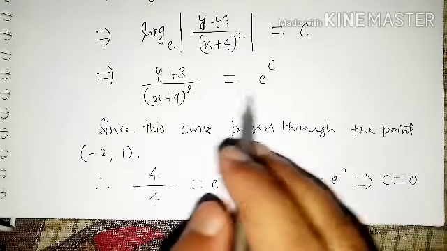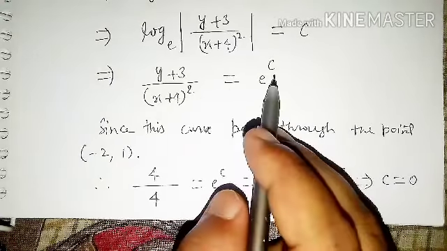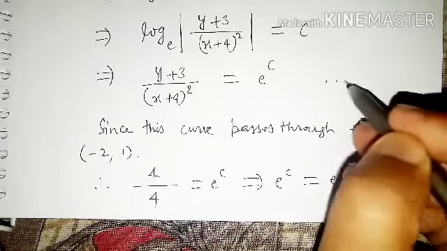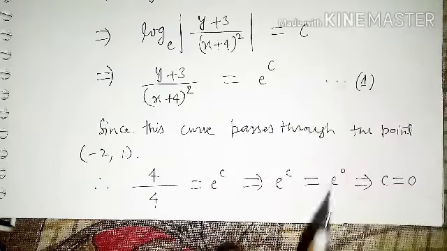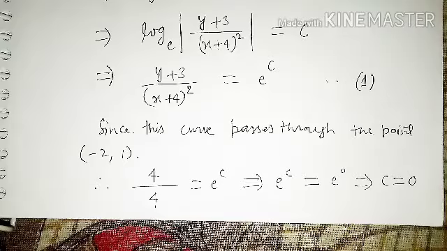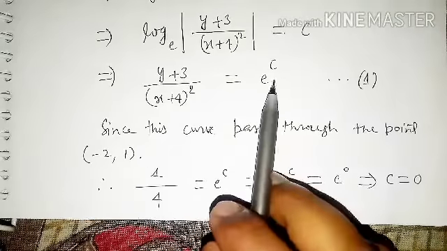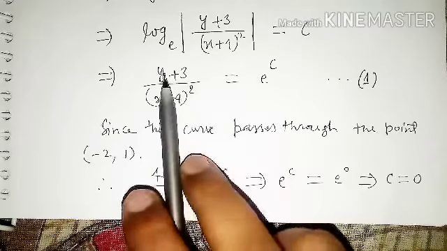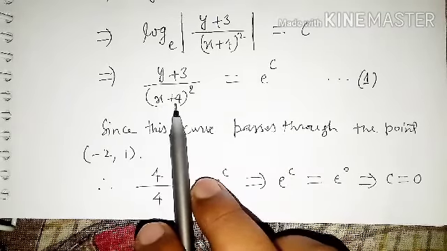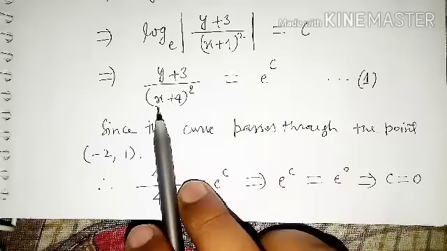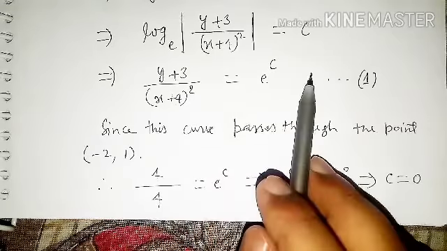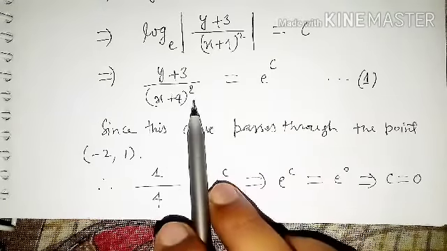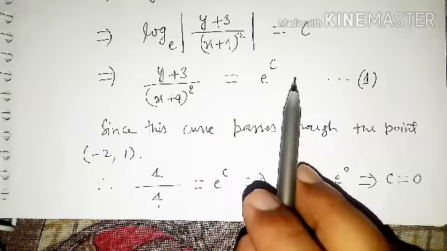After putting the value of c in equation 1, we have the required equation. After putting c equal to 0, we have e to the power 0, which is 1, so the RHS is 1. So (y plus 3) by (x plus 4) whole square is equal to 1. (x plus 4) whole square goes to the RHS, then y plus 3 is equal to (x plus 4) whole square.